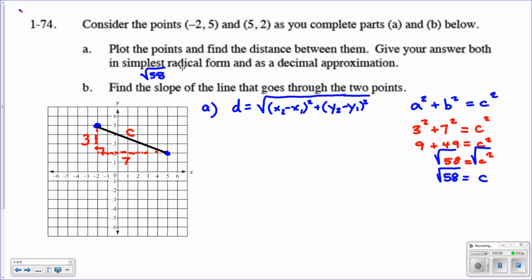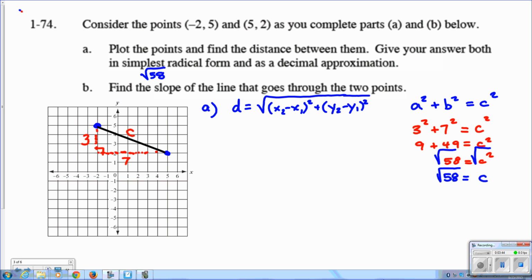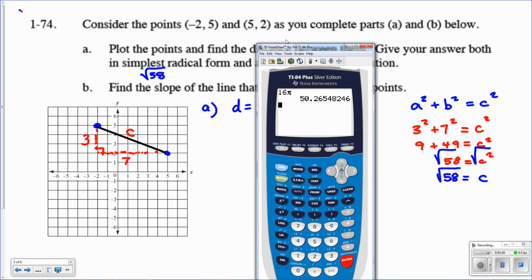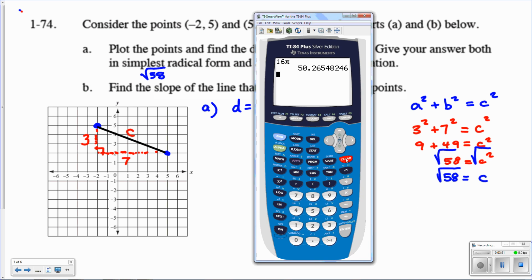And then we also have to put our decimal approximation. Let's calculate the square root of 58. Let's pop up the calculator, clear out what we've got in there, and do second square root of 58. Enter.